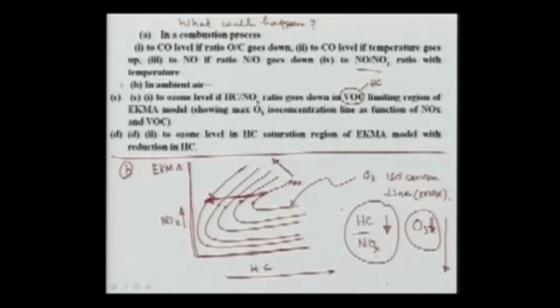So the answer is: ozone level will go down as the ratio HC to NOx goes down. That is the answer that I will give to problem B, section 1.